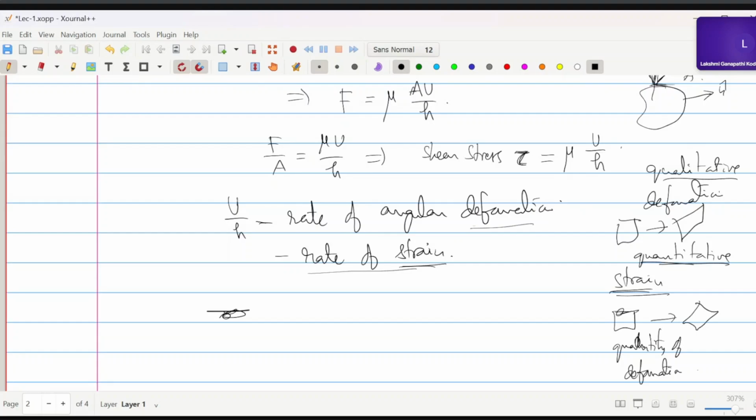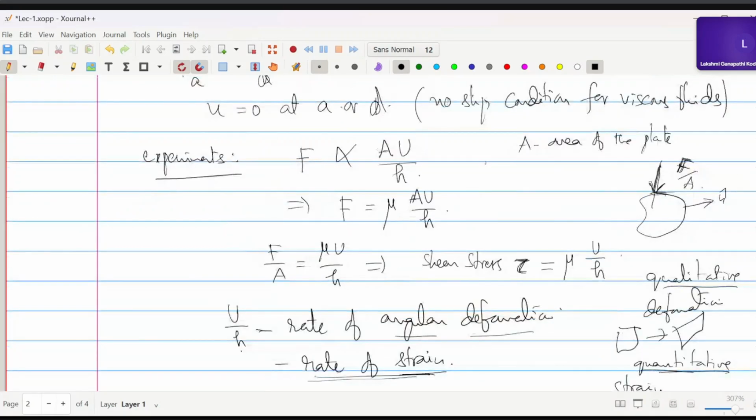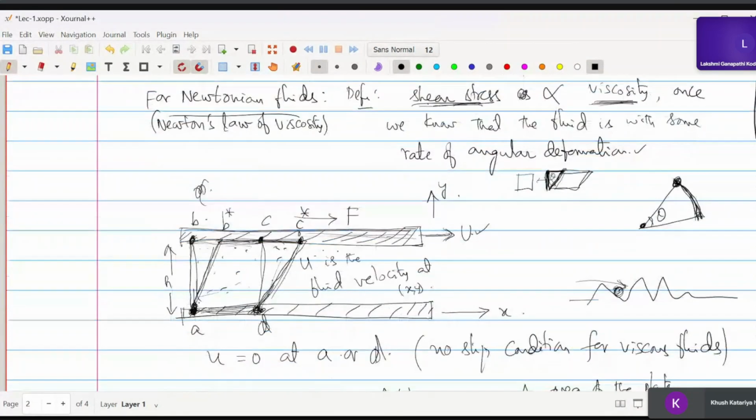Angular comes because of the H, that distance. So that's the rate of strain. You can also say U by H is in terms of the velocity of the fluid. If you look at that picture again here, for example, U.